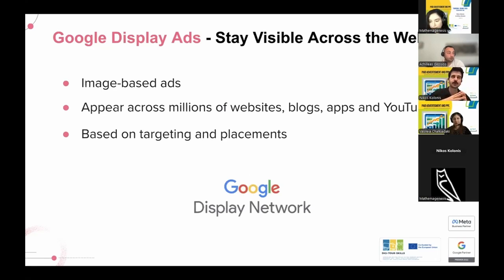The Google Display Network basically consists of about 90% of the entire websites that ever exist, a huge network of websites and apps and blogs. And so this allows your ad, your image, your banner, to appear on any of these websites. And this is not so much based on keywords like search ads, but it's more based on targeting and the specific placements that you choose.